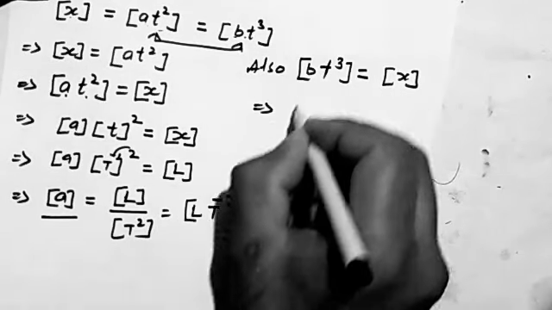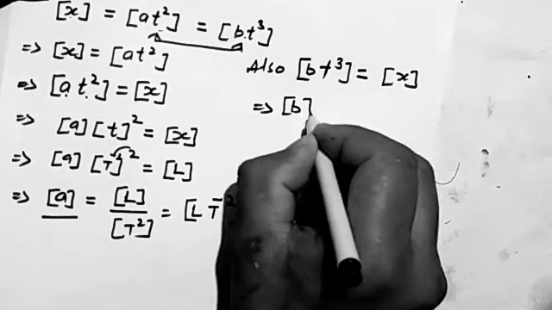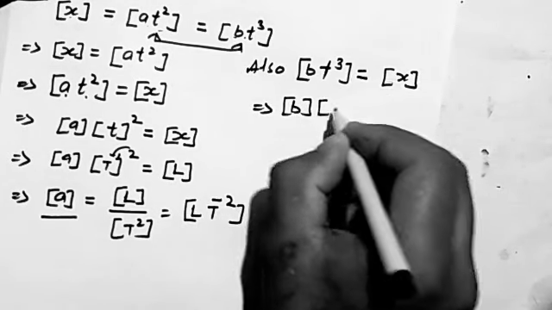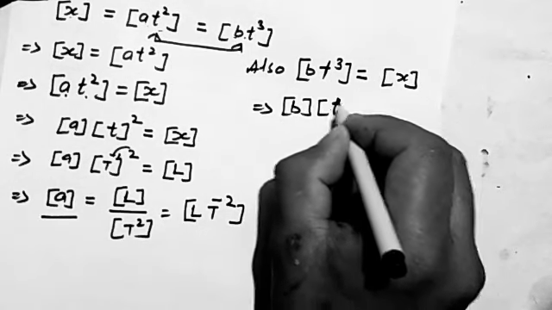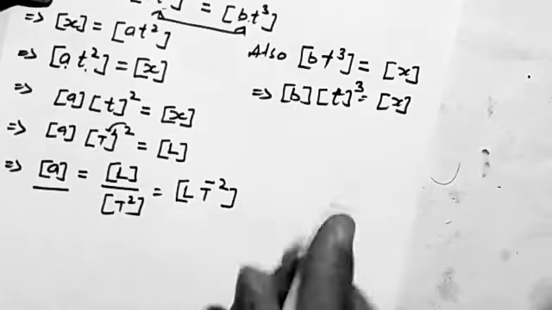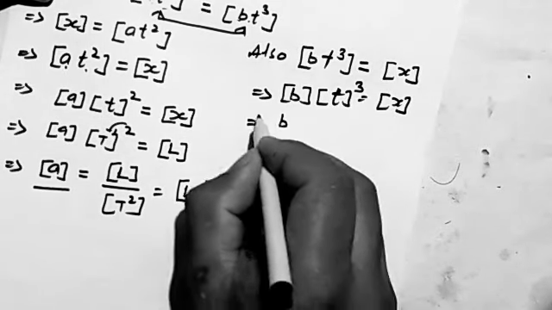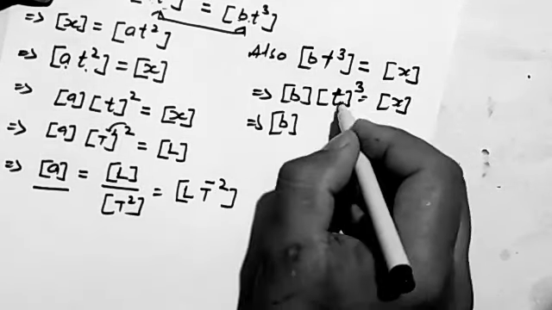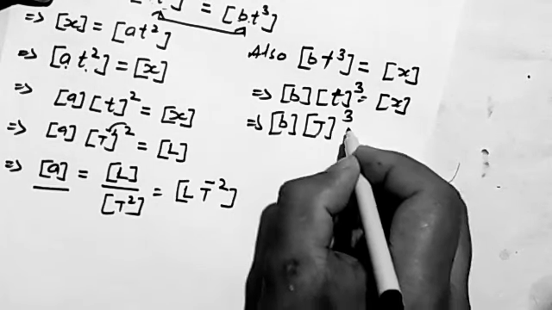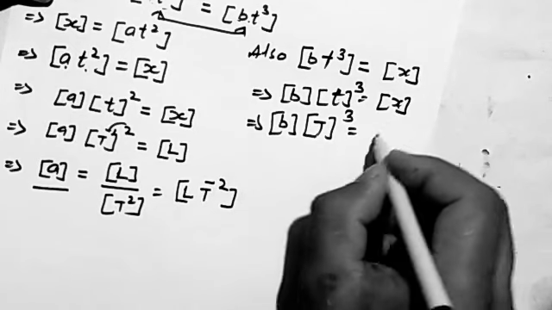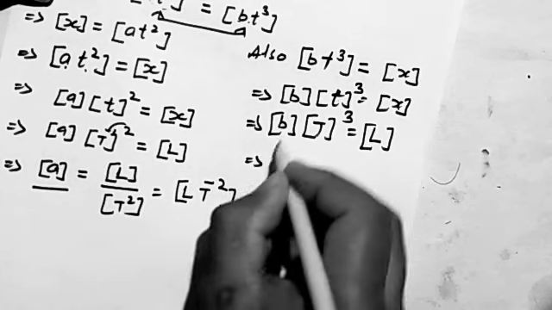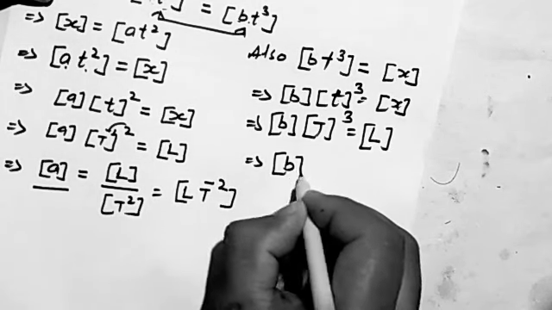So simply you can compare dimensions of B into dimensions of t cube is equal to dimensions of x. Dimensions of B are to be calculated, so keep it as it is. Dimensions of t, t is the time, cube, is equal to dimensions of x. x is the distance, so it is measured in L, length.